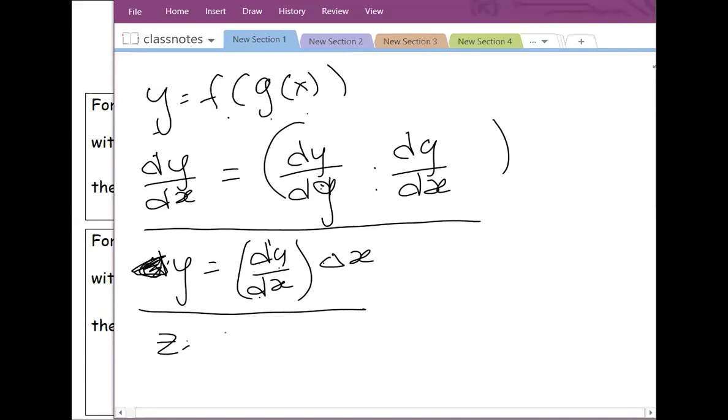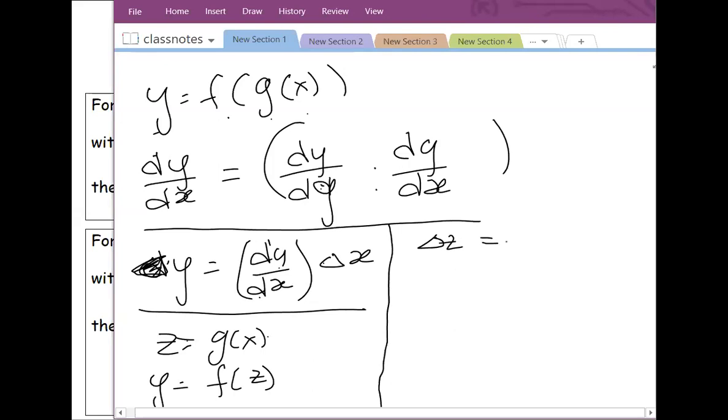Let me write z equals g of x and y equals f of z. So now, using our definition of derivatives, what is delta z? dz dx times delta x. It's the derivative g prime times delta x, right? And the delta y is f prime times delta z, correct?